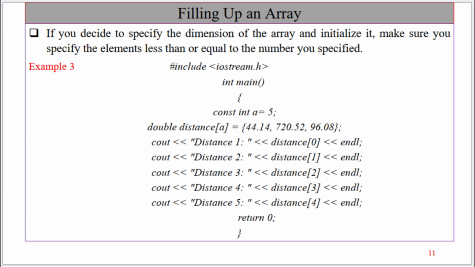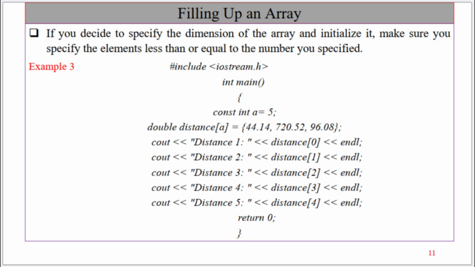Filling up an array. If you decide to specify the dimension of the array and initialize it, make sure you specify an element list equal to the number you specified. Example 3. #include <iostream>, int main. Constant a equals 5.